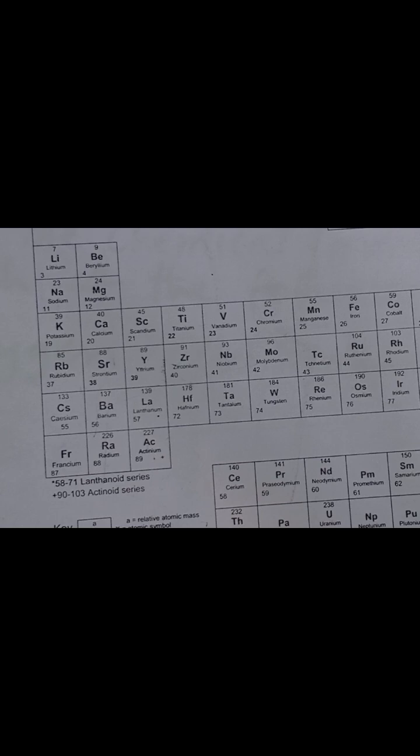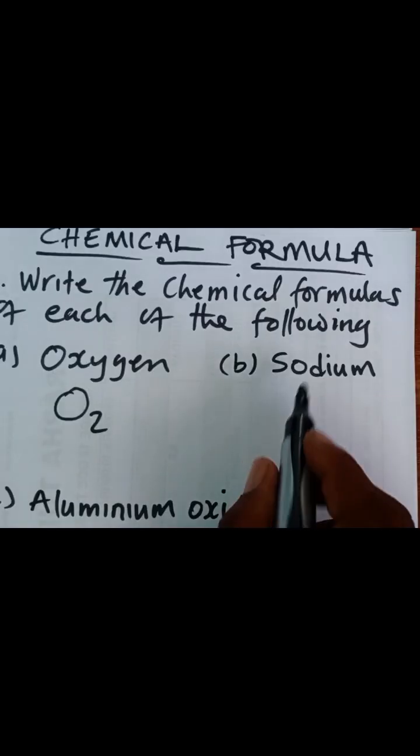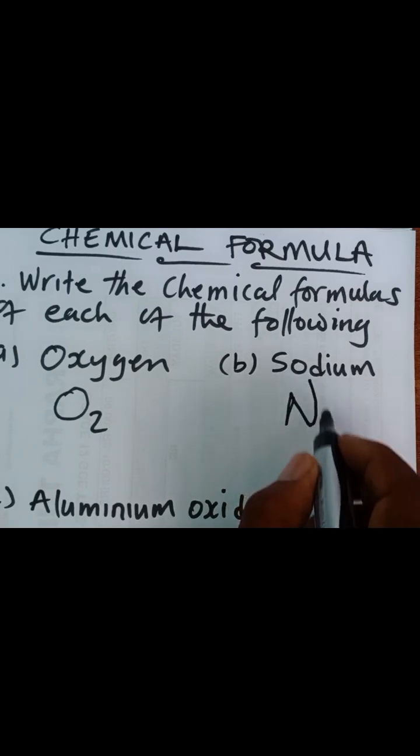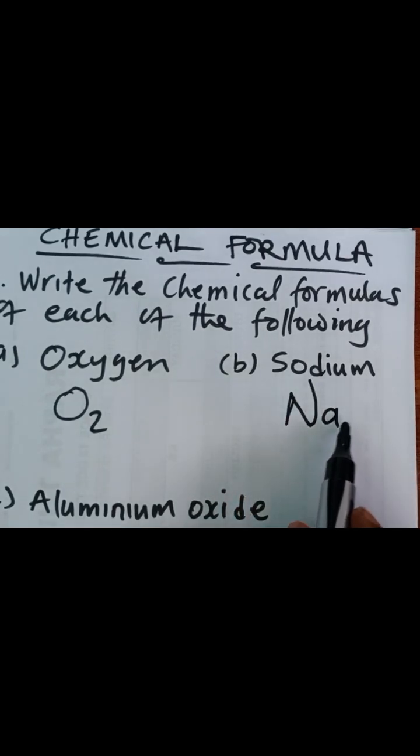So therefore, the chemical symbol for sodium is Na, and the chemical formula for sodium is also Na. There is no need for us to put a 2 there. Why? Because sodium exists as monoatomic. Then as for oxygen, it exists as diatomic.